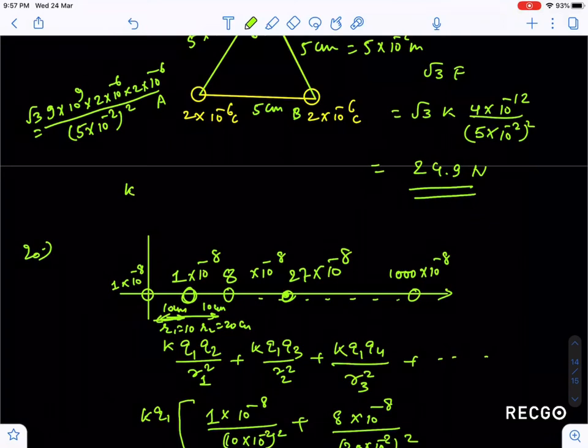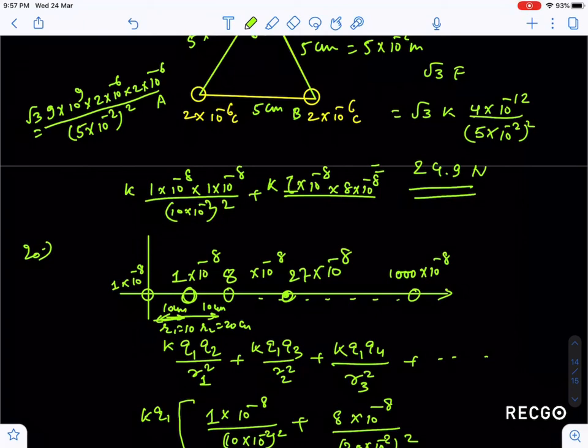First I will write force k 1 into 10 raised to power minus 8 into 1 into 10 raised to power minus 8 divided by 10 into 10 to power minus 2 whole square, plus k 1 into 10 raised to the power minus 8 into 10 raised to the power minus 8 divided by 20 into 10 to the power minus 2 whole square.